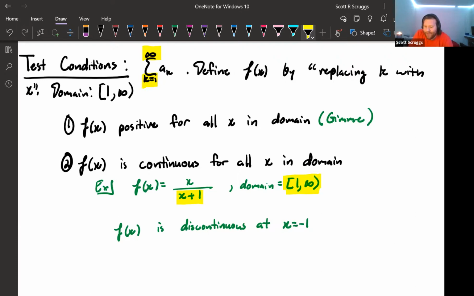So even though I have a trouble point at -1, it's nowhere in the domain that I have to worry about. So that means, even though there's a problem point, I'm still fine because of the domain I formed. So I'll make that as a note: not in domain, so I do not have to worry about it.